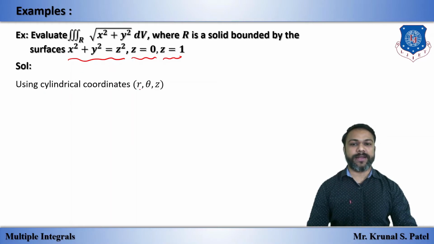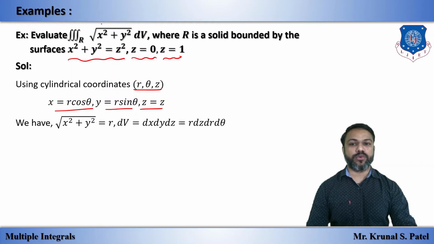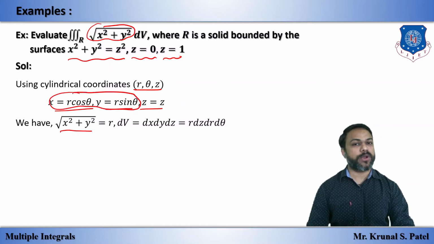So in cylindrical coordinates r, theta and z, here x, y and z is this. By putting this into this expression, we will have x square plus y square equal to r square, as we have seen in polar coordinates.